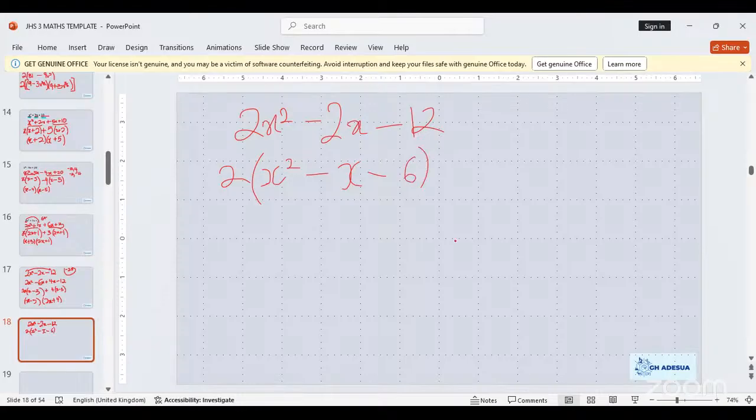That's not how I did it, but yes. When you divide by 2, you had x squared minus x minus 6, right? Yes. Good. But like I said, you can't throw the 2 away. Once you throw the 2 away, you have changed the state of the equation. But what you did would fit in here. So let's deal with x squared minus x minus 6. Let's factorize that out.